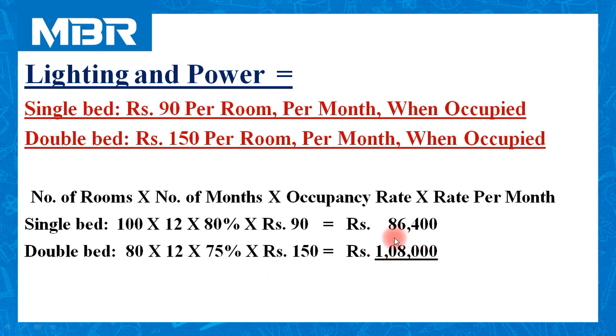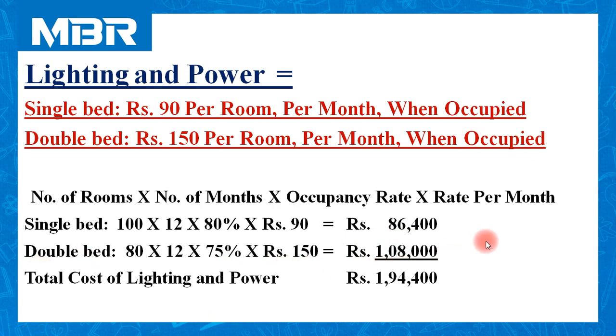So the cost of lighting and power for double bed room 1,08,000. So in this way, the hotel has to pay rupees 1,94,400 on lighting and power throughout the year.